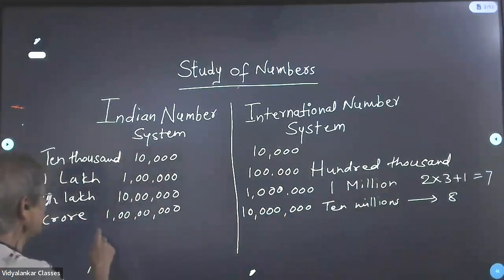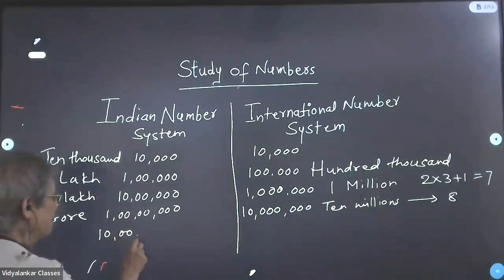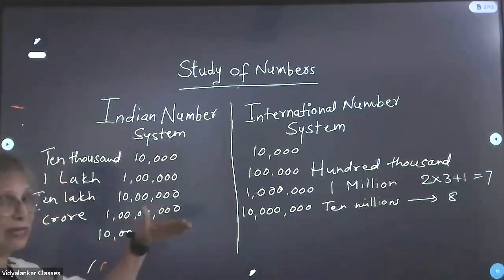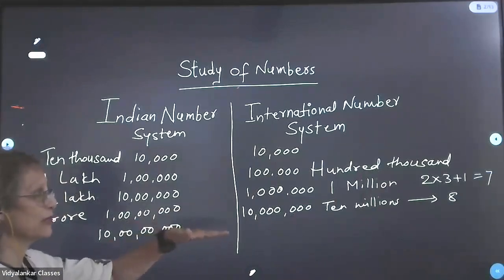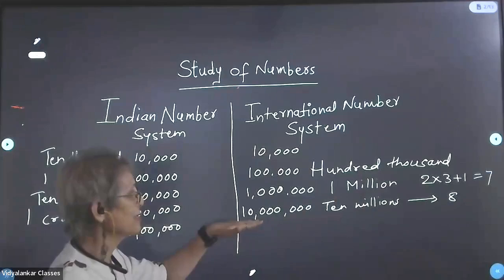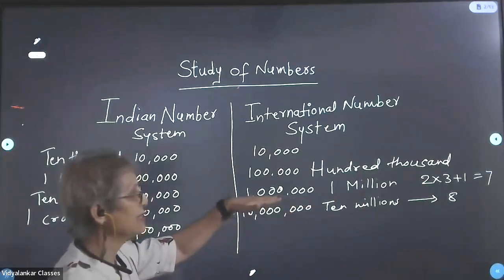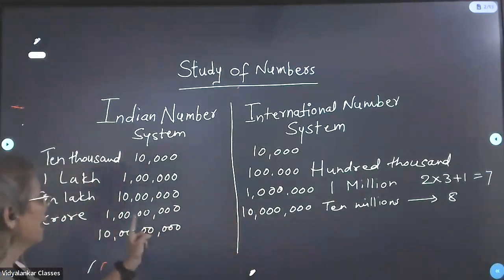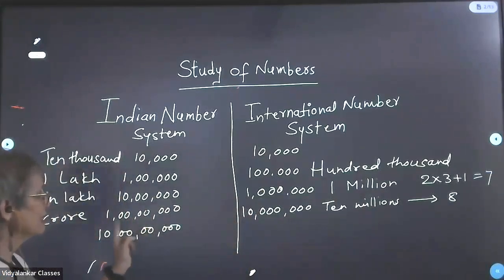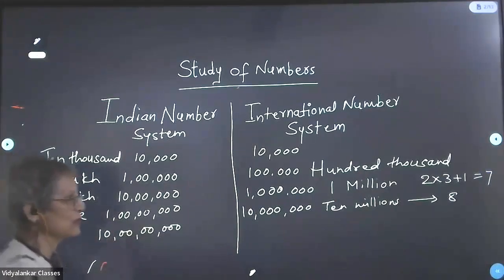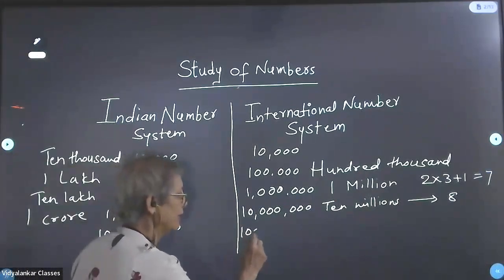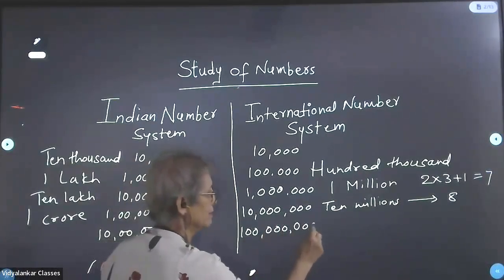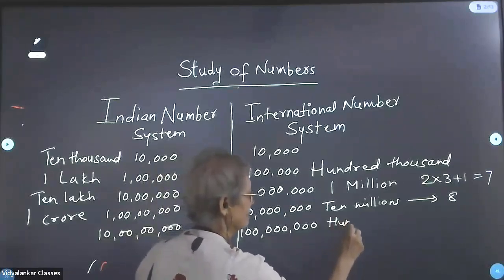Next is 10 crores. At the same time, just see the number of zeros. Here 6 plus 1, 7 zeros. Here there are 6 zeros. 1 million, 6 zeros. 10 million, 7 zeros. Here also 7 zeros. And now 8 zeros. So this number will be 100 million.